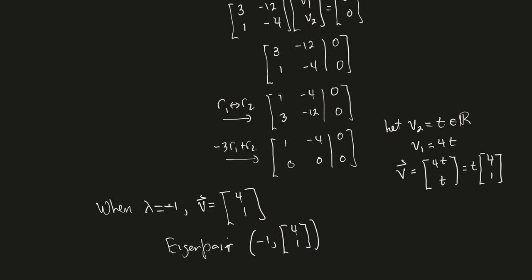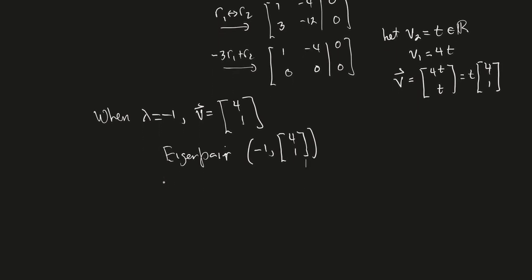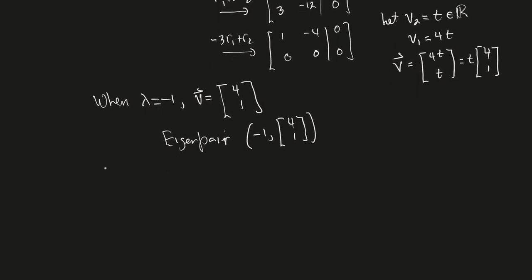When lambda is equal to -2, well, we have to repeat the process, right? So let's do that, see if we can find the second eigenpair. So when lambda is equal to -2, let's go back and set up that equation again.